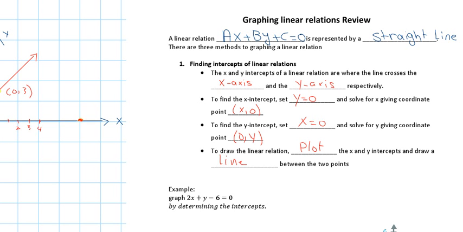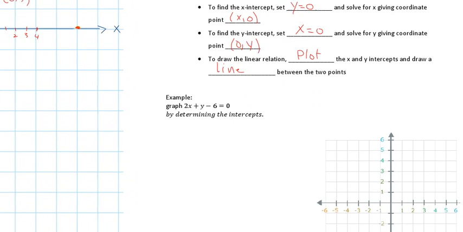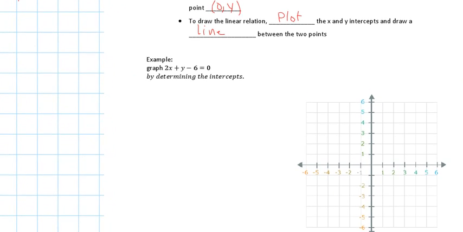Okay. So it's asking you to plot the line. They gave you the equation of the line. I just want to ask you guys, does this look like this? Does this look like this, but with values for A, B, and C? So what's A in this case? 2.